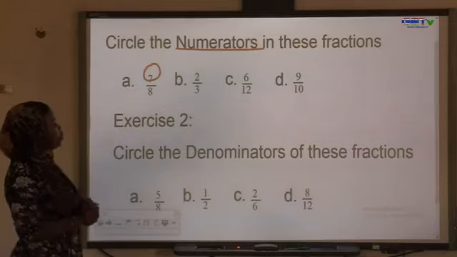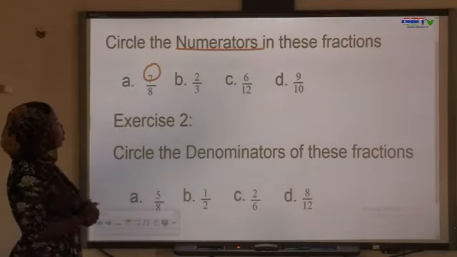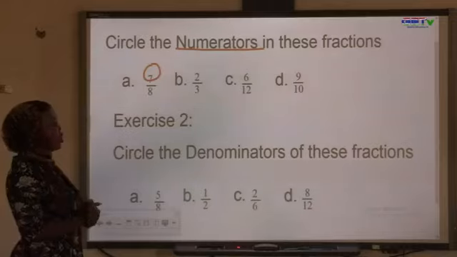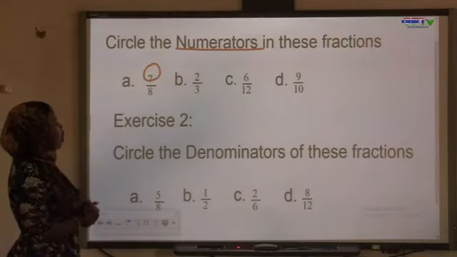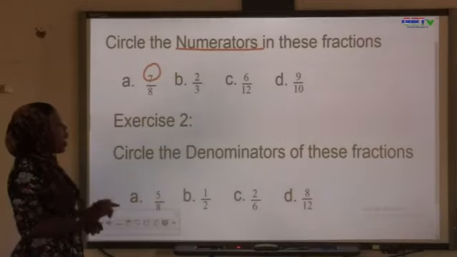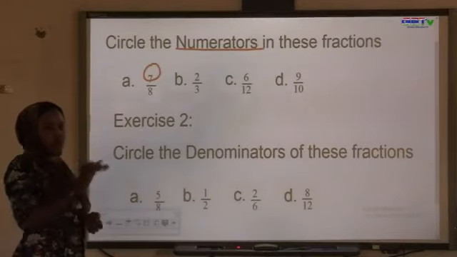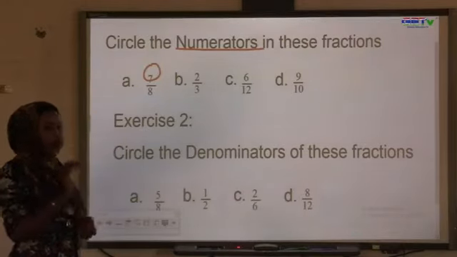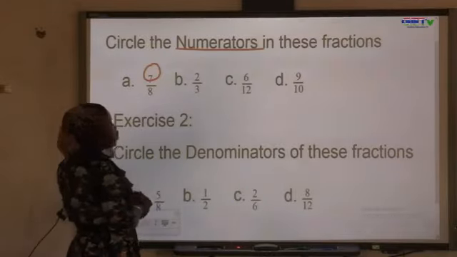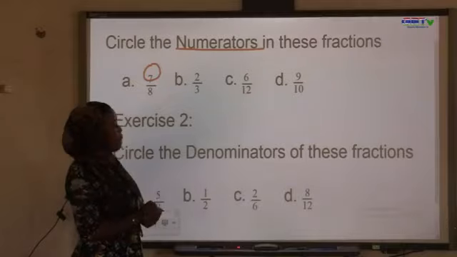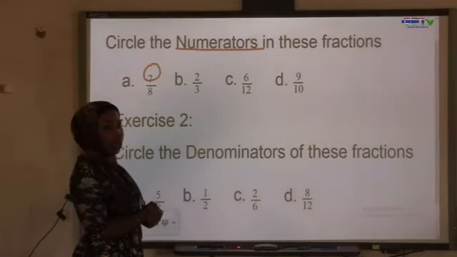We move on to B. B is 2 over 3. Again, the number above the fraction bar is the numerator. In this case, which number is above the fraction bar? It is number 2.